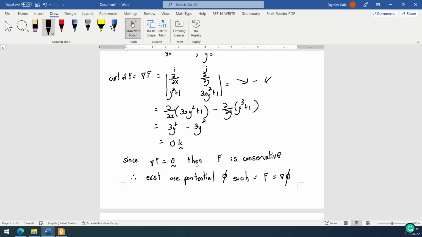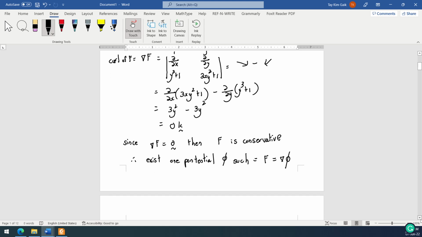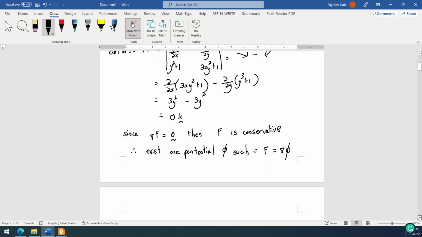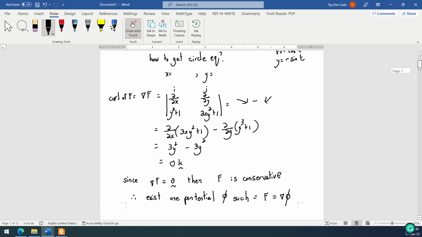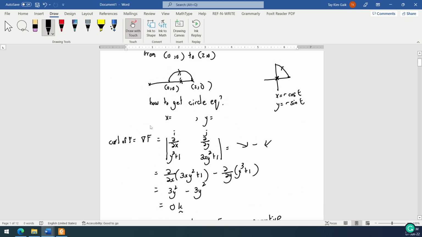When the curl of F equals 0, there exists one potential function such that the vector field F equals del phi. Then we are going to use this potential function to evaluate the line integral. Because when F is conservative, you can either use the simplest path or a potential function to evaluate the line integral. I will choose to use a potential function because it's difficult to get the parametric equation for this curve.